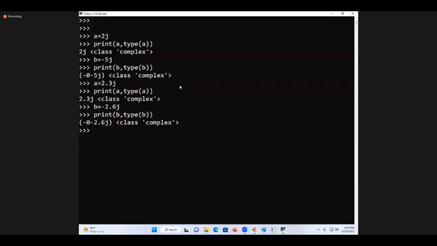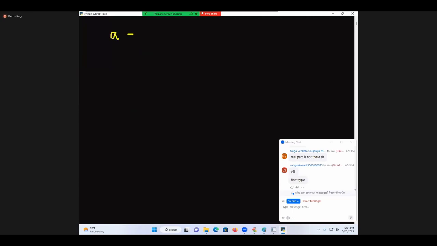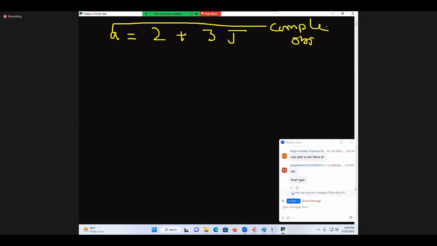Now my point is, see, students, A is equal to 2 plus 3j. What is A here called? A complex object. Now I want to get, from this A, I want to break this thing.